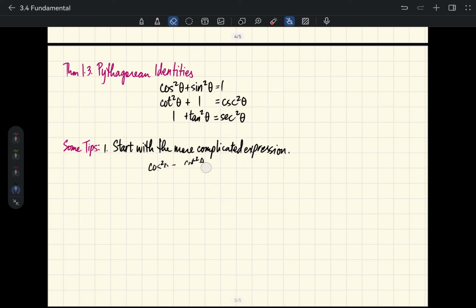So the reason here is that there's a lot more that you can do with a more complicated expression.